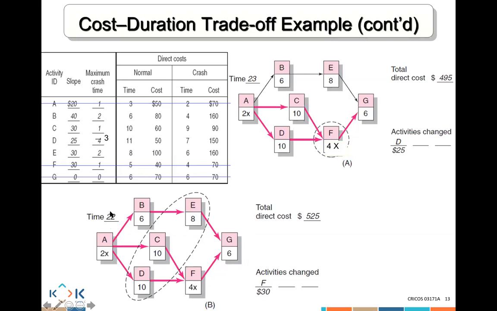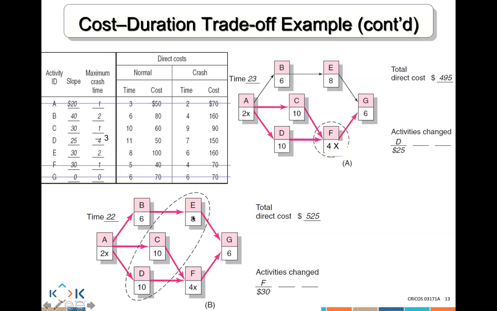So to reduce it from 22 days to 21 days, we're going to have to add to the 525 the cost of E, which is 30, C, which is 30, and D, which is 25. So if you add 525 and add to it 30 plus 30 plus 25, that gives you $610. And that reduces your duration from 22 days to 21 days.